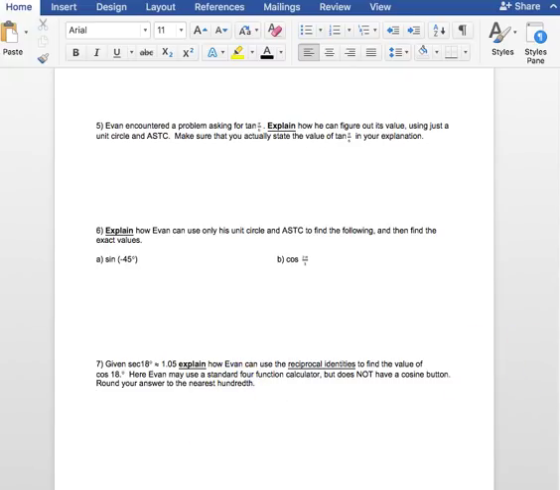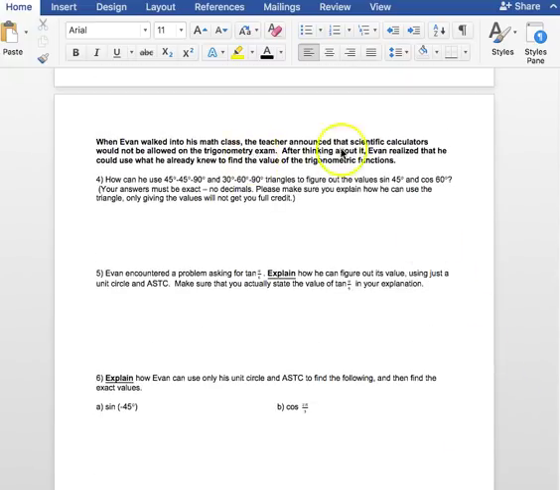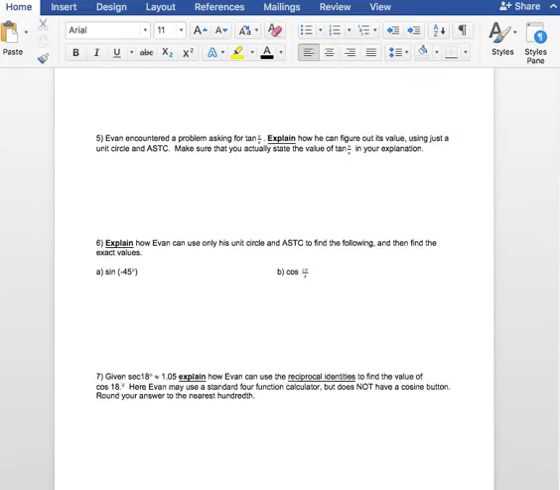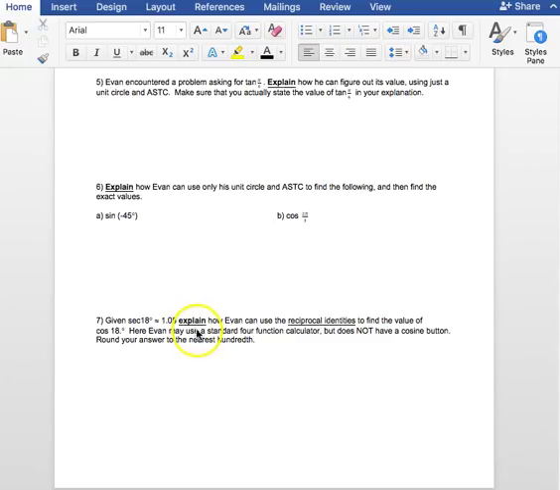It says right in the directions way up here, scientific calculators are not allowed on his exam. So you have to explain how he can just use a standard calculator without that cosine button and this knowledge right here, reciprocal identities, to find the value. You will have to use your calculator to get the answer, just like your explanation.